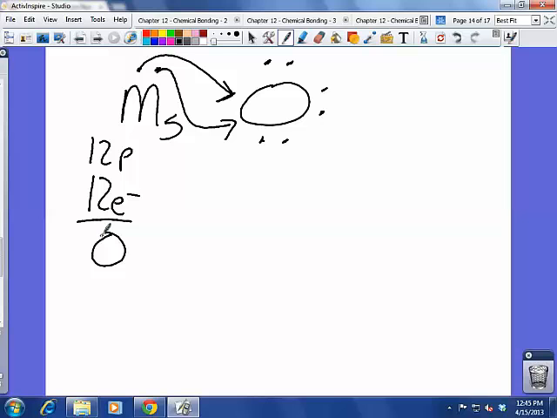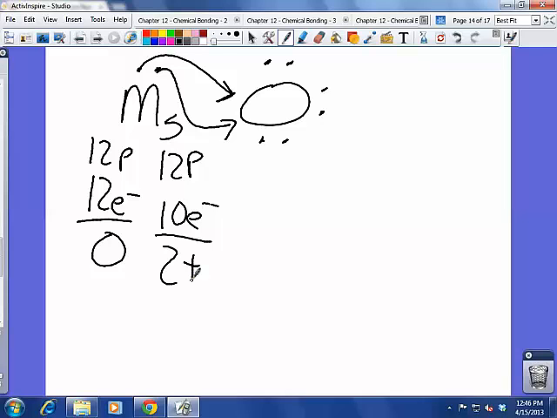Well, what about now? Did this reaction do anything with the protons? No. But now we have only 10 electrons, right? So what's our charge now? Positive 2, right? Now I know that's kind of weird. We're losing electrons, but we're losing negative electrons, so we're becoming positive.